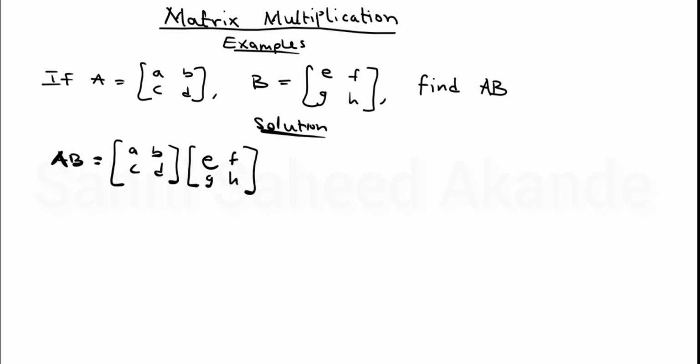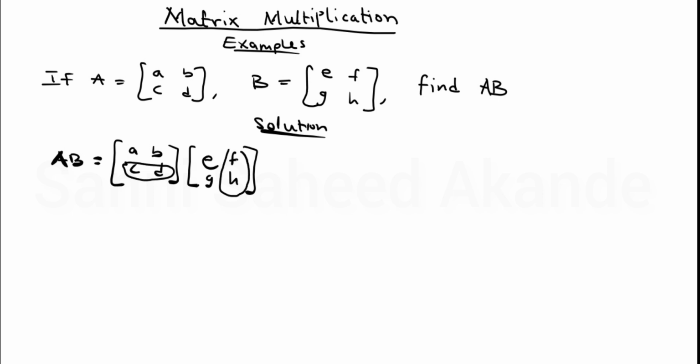This is how you go about it. You are going to use the first row to multiply the first column in the second matrix. Is that okay? Then after that, we are going to take the second row and use it to multiply the second column as well.